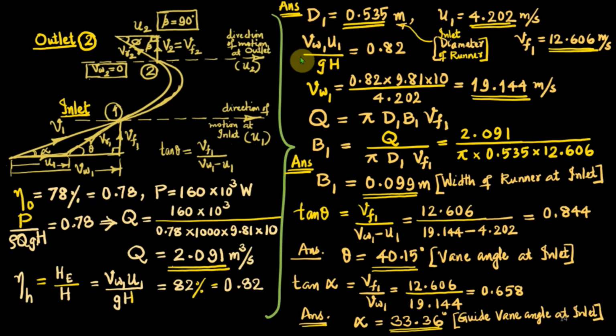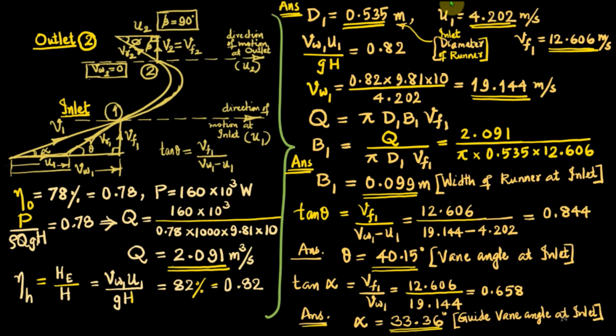And we know a simple expression for the hydraulic efficiency of a Francis turbine, which is obtained from runner power by water power, rho Q G H E divided by rho Q G H, and that is H E by H, that is Euler head or runner head divided by net head, and that Euler head is Vw1 U1 by G for a Francis turbine. Therefore hydraulic efficiency of a Francis turbine can be expressed as Vw1 U1 divided by GH when Vw2 is 0. So Vw1 U1 divided by GH is equal to 0.82.